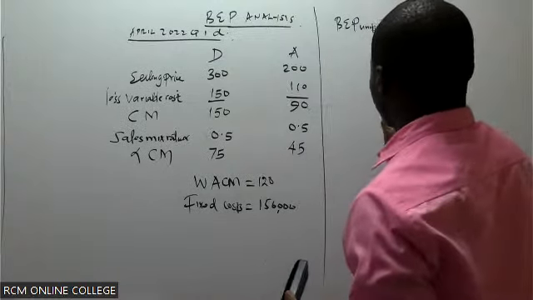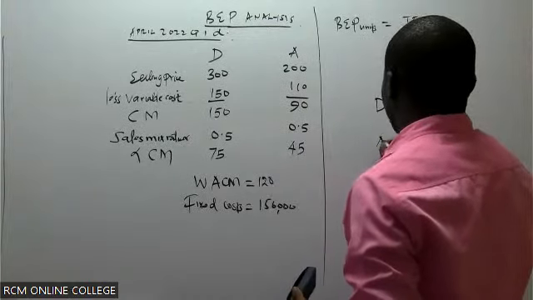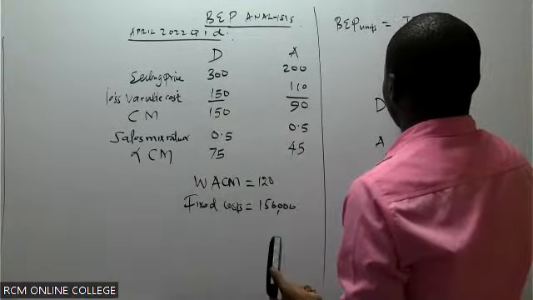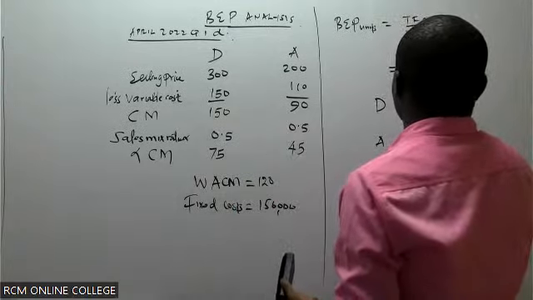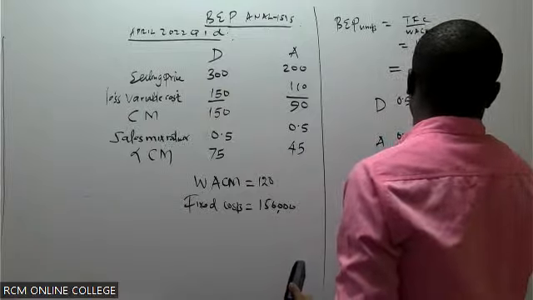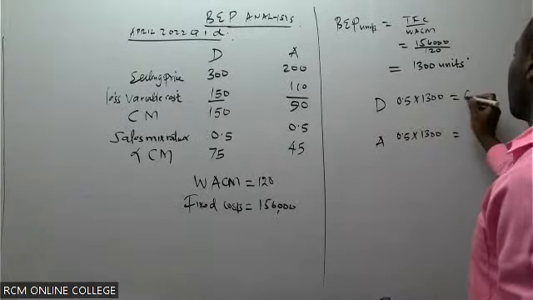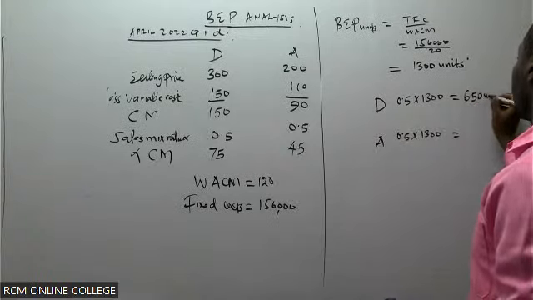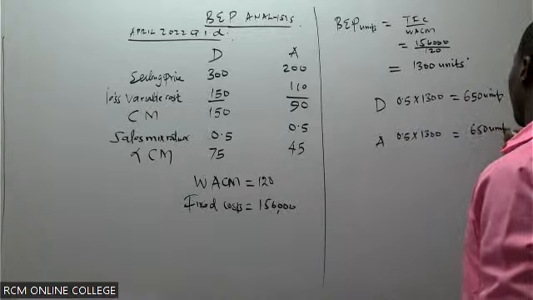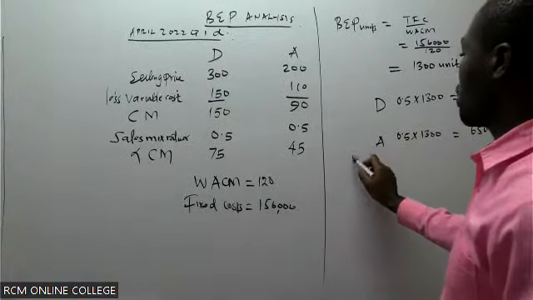Please go ahead and give me the proportion that D will be having of this 1300, and that A will be having of the 1300. It is the sales mix ratio multiplied by what's supposed to be shared. So each will be having 650 units. Let's go ahead and get the break-even point now in shillings.